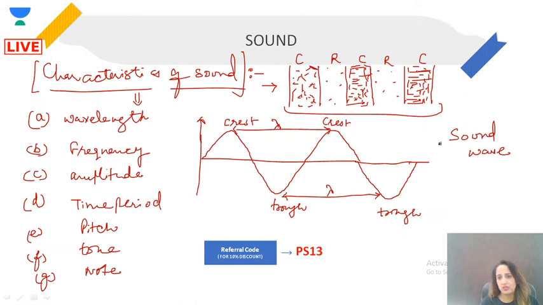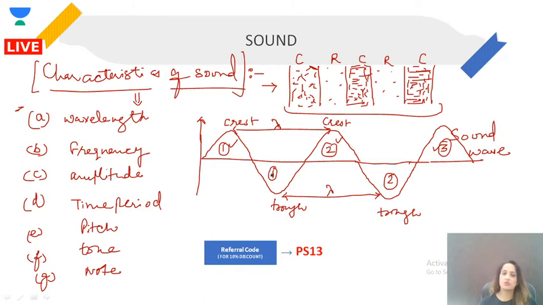It's not like you take a distance between crest number 1, this is 2, and this is 3. It is not like you take the distance between 1 and 3. That is not consecutive. Consecutive means closer to each other, the next one, right? So here we take the distance between these two consecutive crests or these two consecutive troughs, and that is called the wavelength of the sound wave, right?